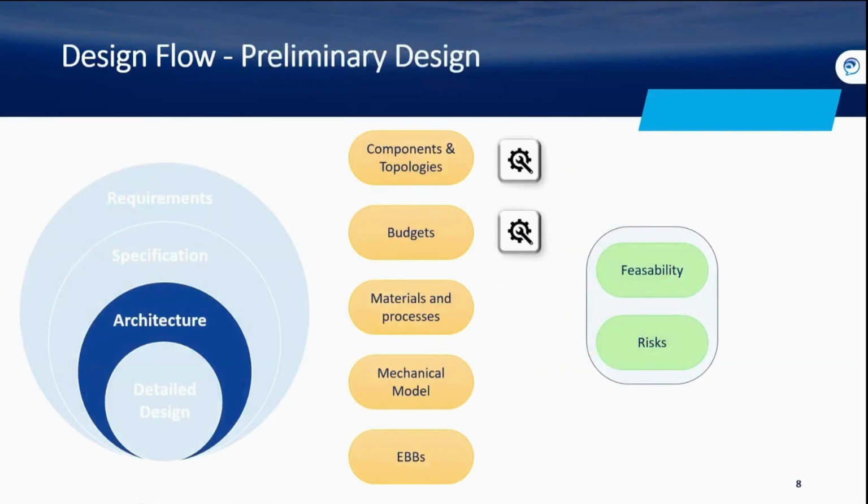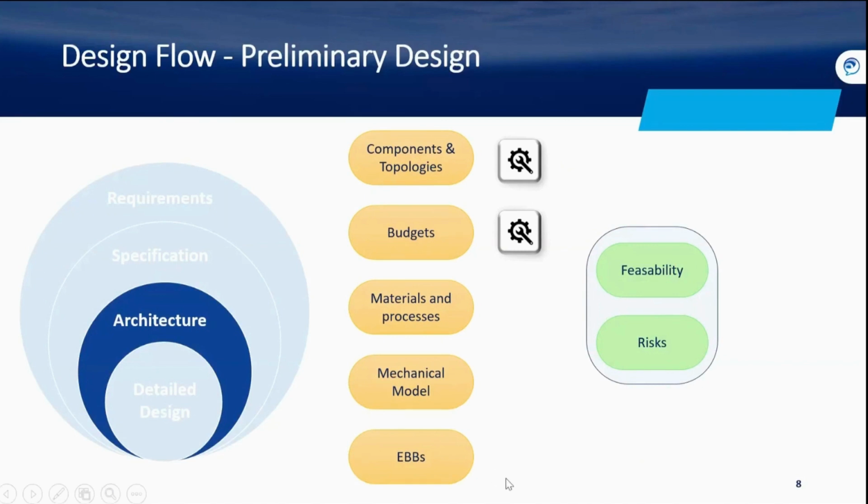So the main objective of this phase is to prove the feasibility of our unit and to identify all the risks. At this point, the design topologies are captured in electrical schematics, and electrical simulations are launched to prove correct functionalities. The outputs, you can see them in this first column.